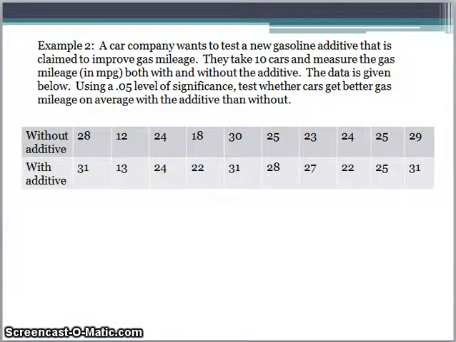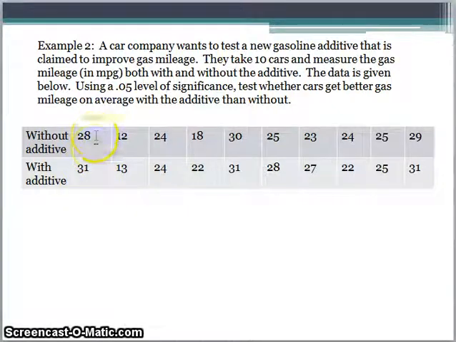Alright, so here's another example. We have a car company with a new gasoline additive, and they claim that it improves gas mileage. So we're going to take 10 cars and we're going to measure the gas mileage with the additive and without the additive. Okay, so we have repeated measures here. So this here represents the same car.